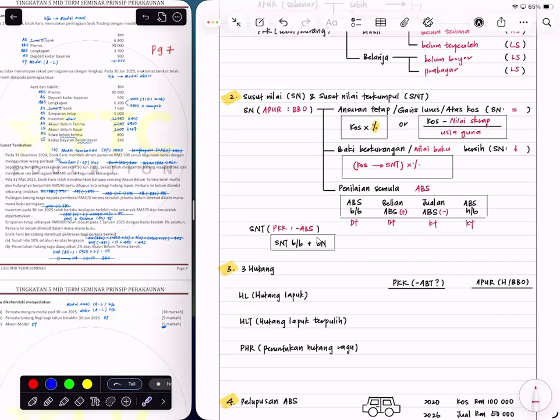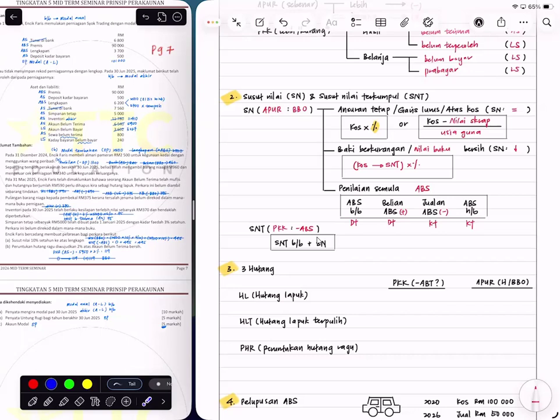And always remember the common sense thinking, huh? Can we have negative ABS? Is it possible after I bought the car, 10 years later, the value becomes negative? No ma. The worst case is to get it without value, no value at all, zero only, right? So ABS always starts from debit side. Always debit is having higher total.